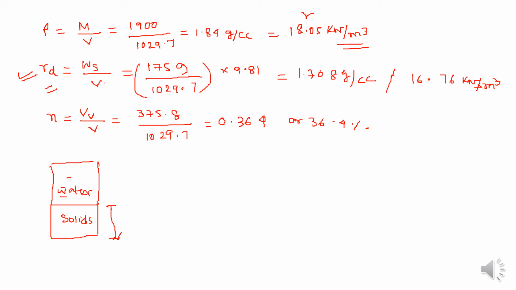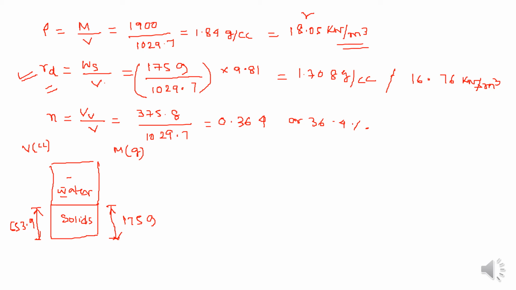So from the previous phase diagram, we simply write it. The weight of the solids is 1759 and the volume of the solids is 653.9. So this is the volume in cc, this is the mass in gram, right?